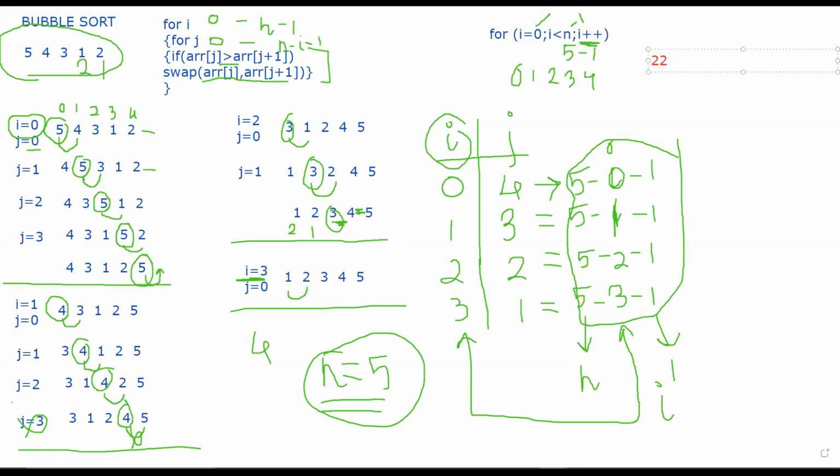I'll write this sequence over here: 22, 33, 11, 99, 44, 66. Okay, that's enough.